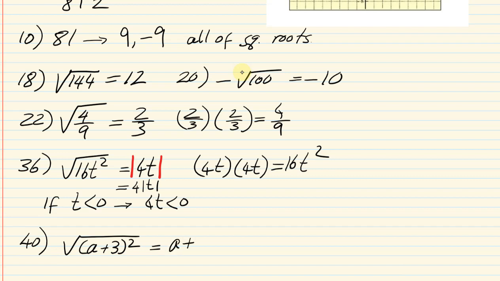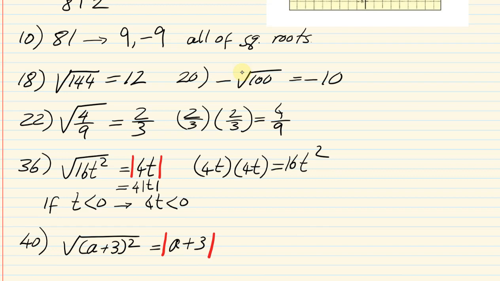So this is going to be a plus 3, because a plus 3 times a plus 3 makes a plus 3 squared. Now again, this has the potential to be negative. For example, if a is negative 5, the answer will be negative. You see that? Therefore, for that reason, we have to put absolute value around it. Otherwise, it's going to be incorrect.